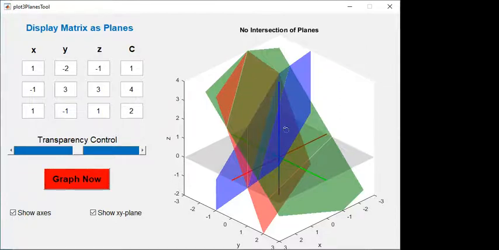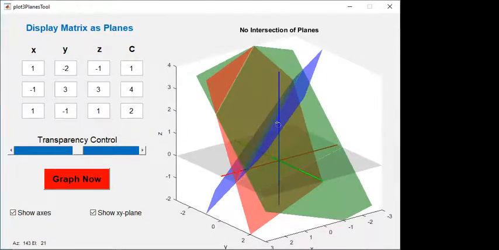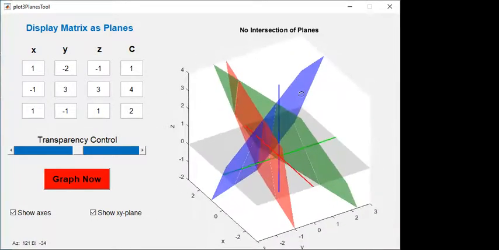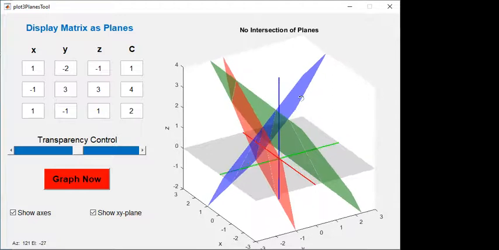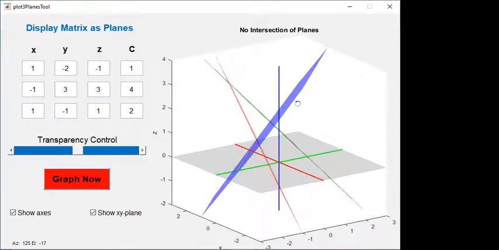It's not clear from here. We can see the line where the blue and the green meet. We can see the line where the red and the green meet, and there's a line down here where the red and the blue meet. But what's interesting, if we turn it just the right way, we can see right down the middle of it all.